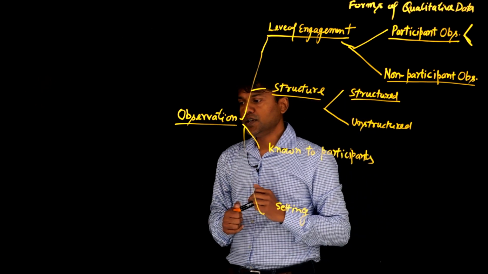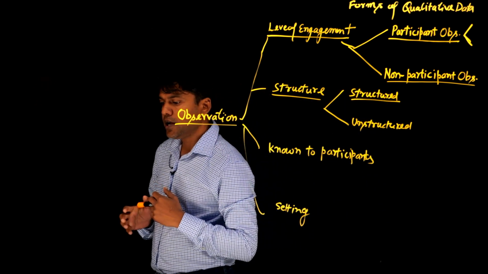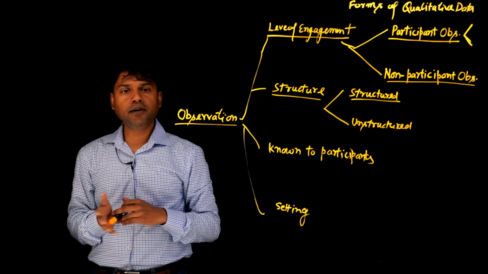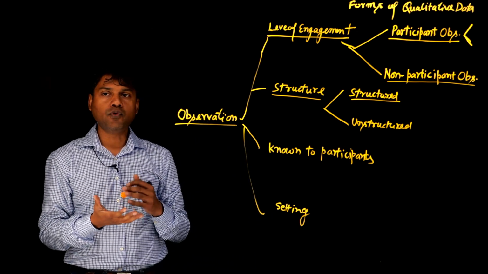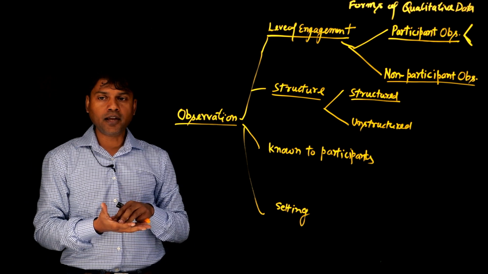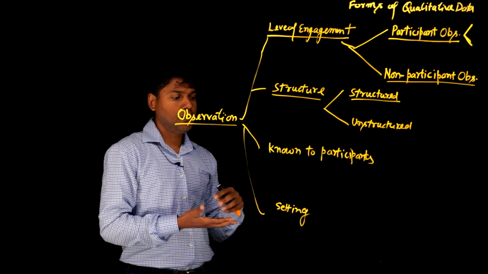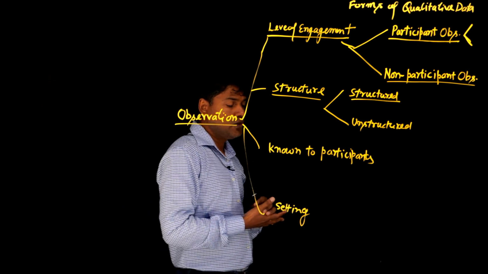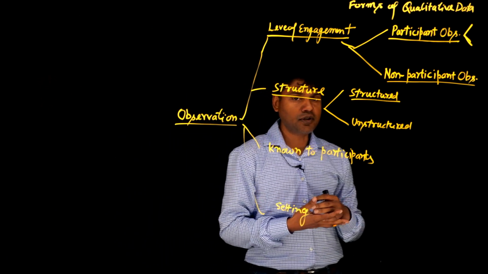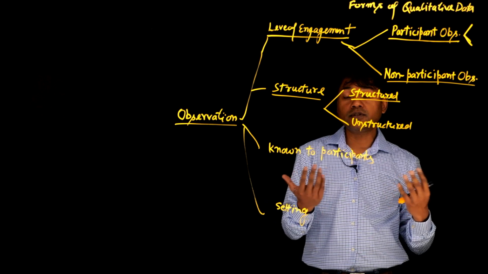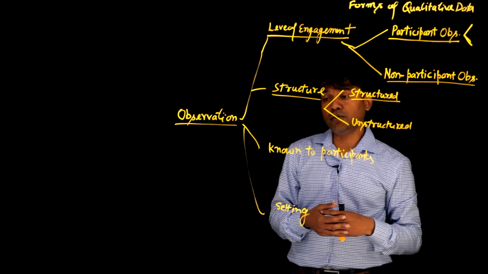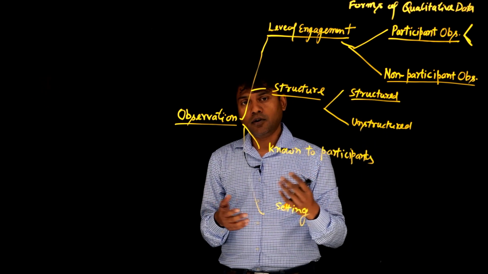Unstructured observation is when you do not have predetermined criteria, but obviously you have a focus. You know what things you are going to observe, but you are also open to noticing if something new emerges, or something which is not part of what you thought you would be observing.